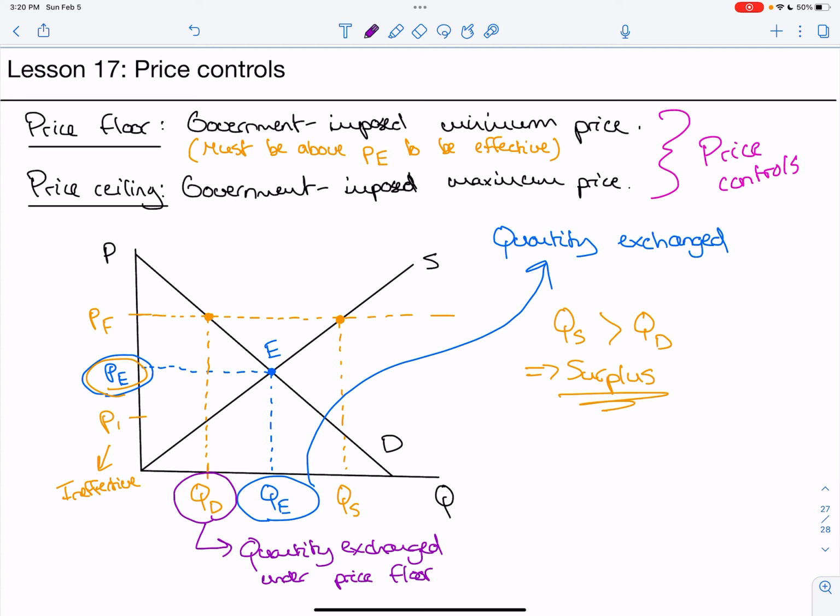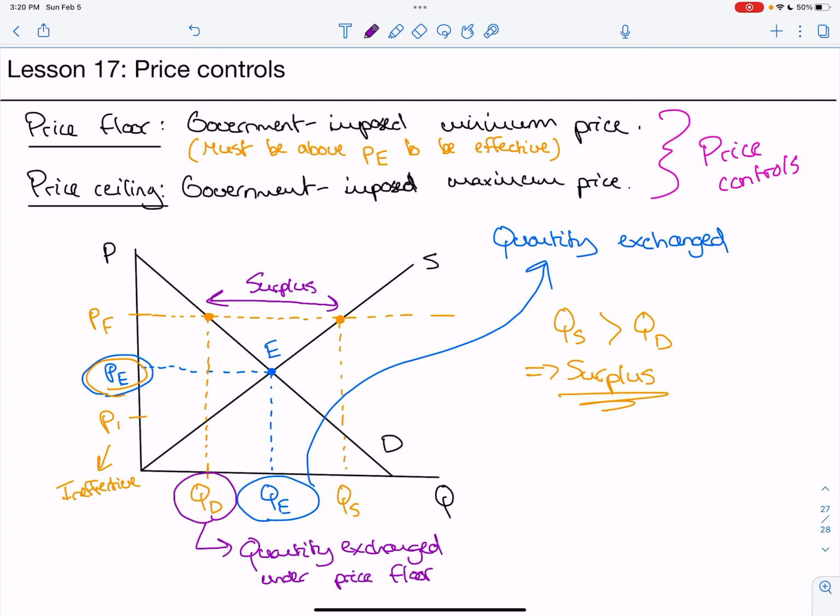So therefore, this gap here, right, this gap which we defined as a surplus, would not be exchanged. Right? This difference between QS and QD, this extra amount here represented by our purple arrow, that will never actually be sold. It will never actually be exchanged. The actual amount exchanged will simply therefore be QD.